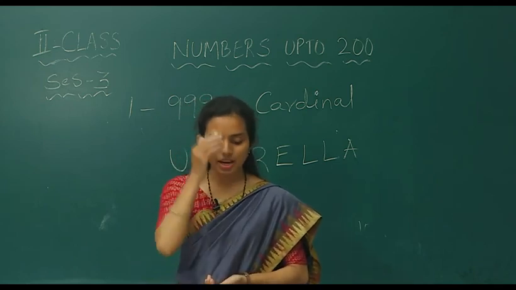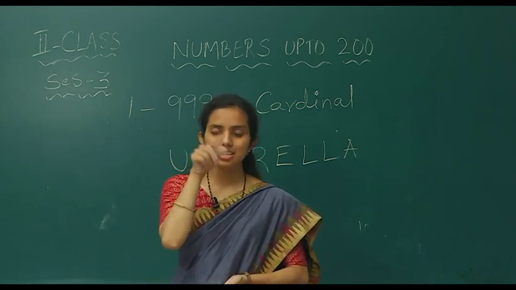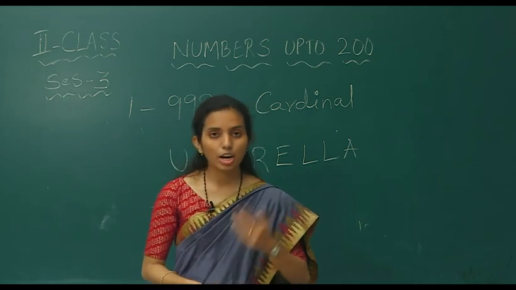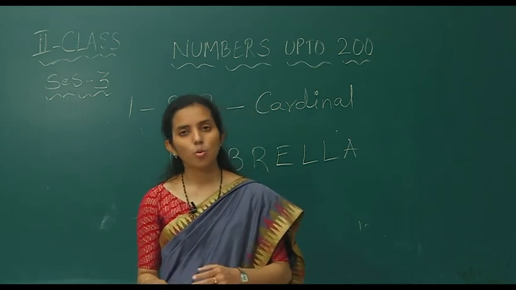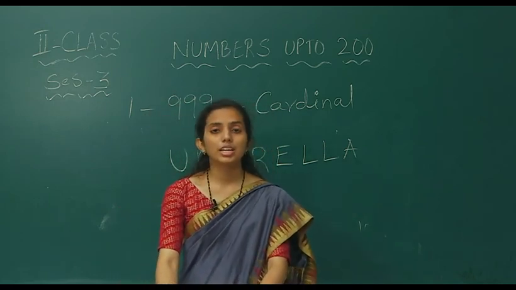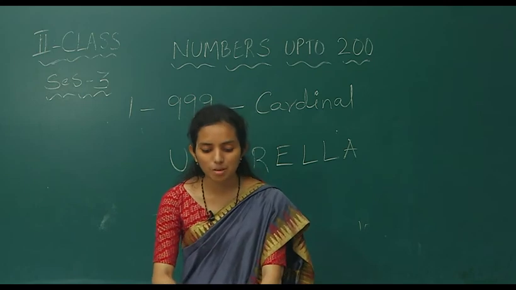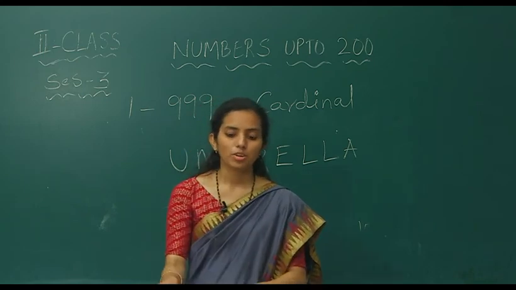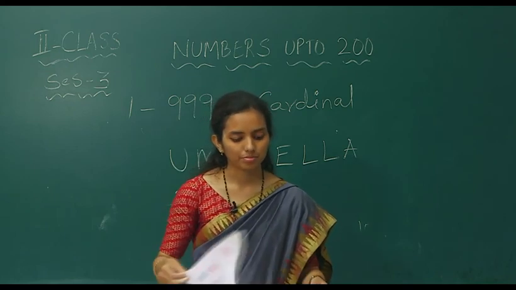What is the tens place? 60, 6 is in the tens place. So, circle the 6. Third question is circling the ones in each number, that is the digit in the ones place. The first example is 128, that means 8. You have to circle 8.